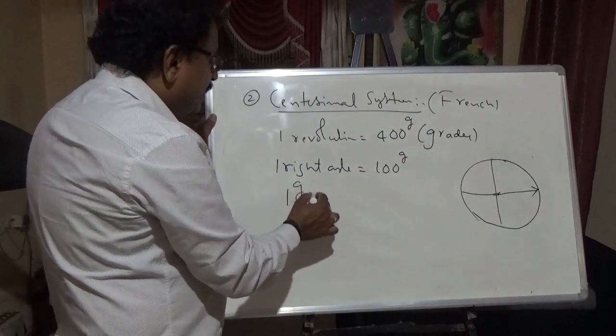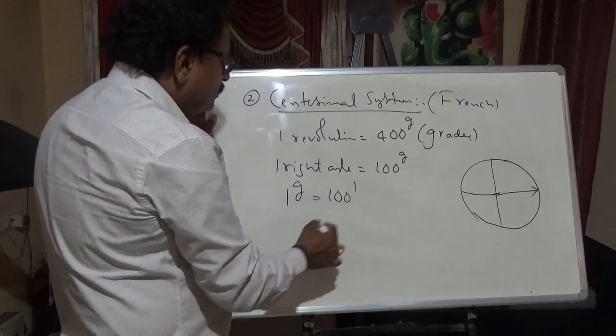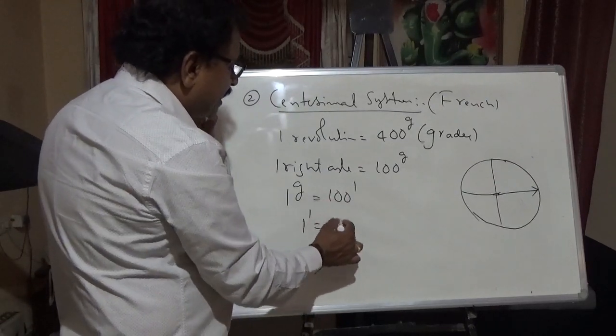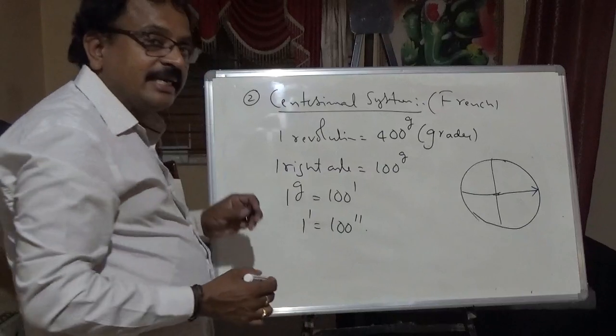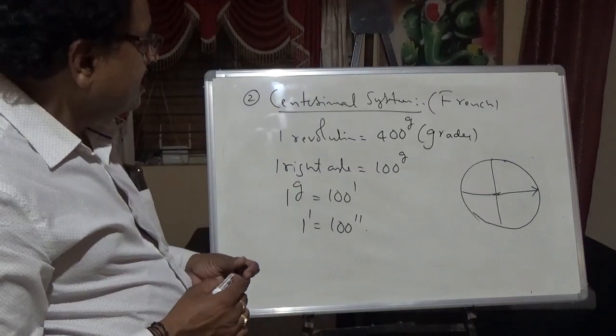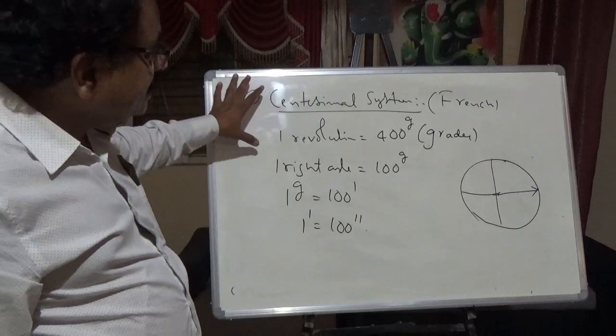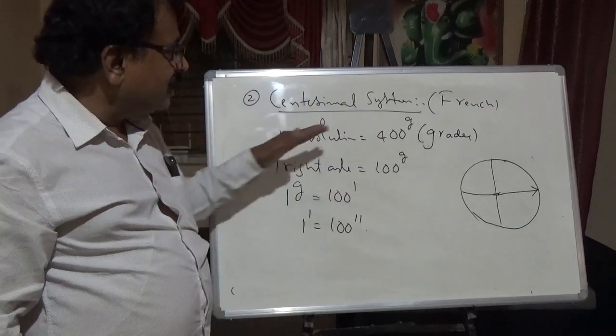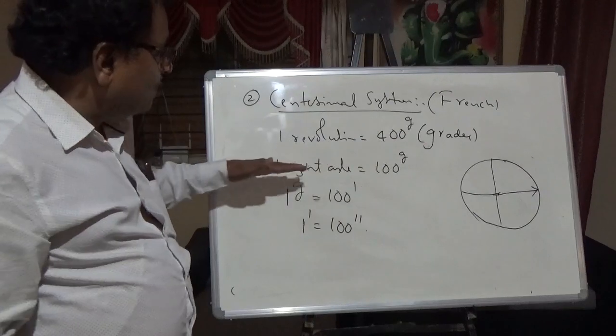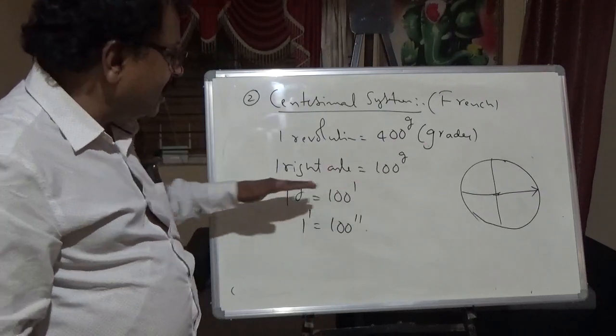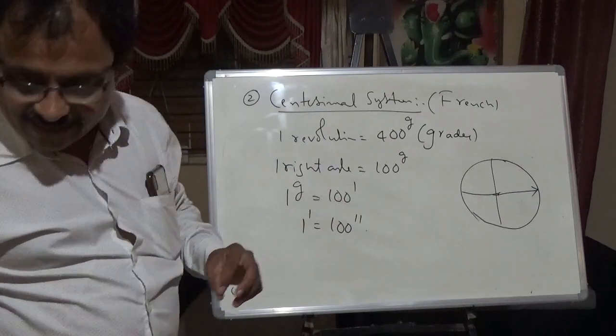One grade 100 minutes. 1 minute 100 seconds. So this is centesimal system. In this system, grade system, one revolution 400 grades. One right angle 100 grades. One grade 100 minutes. 1 minute 100 seconds.